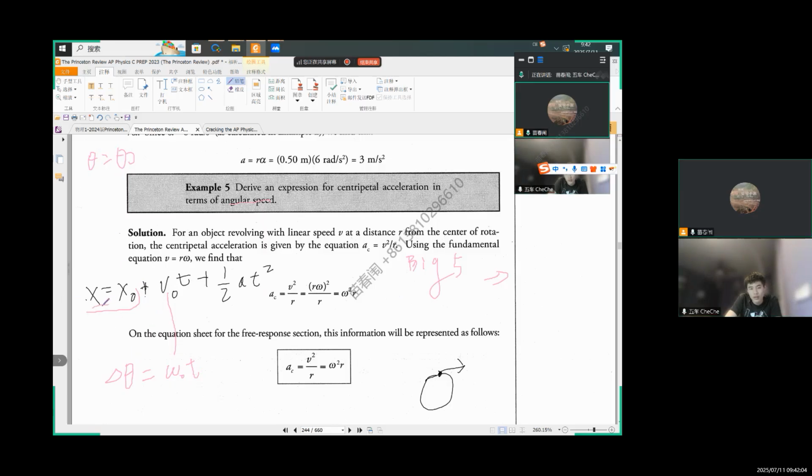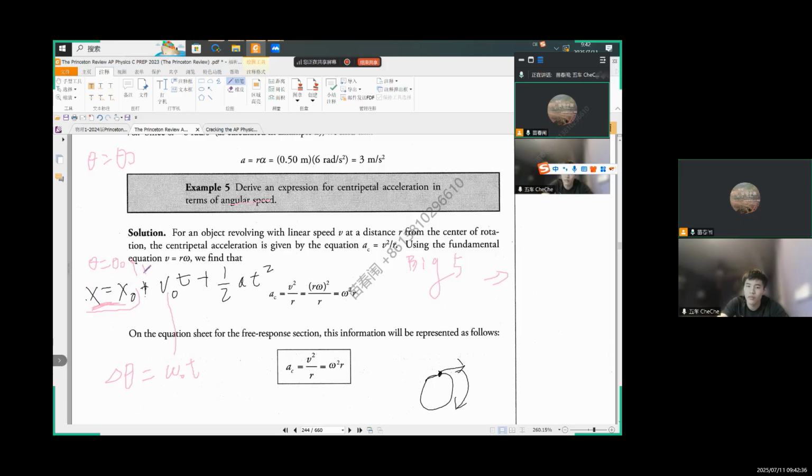Or if you want to use this way, it's theta equals theta 0 plus, so basically the change in theta. Why is it that instead of x? Because I want to move all the formulas that I learned from translational, linear motion, into angular motion.